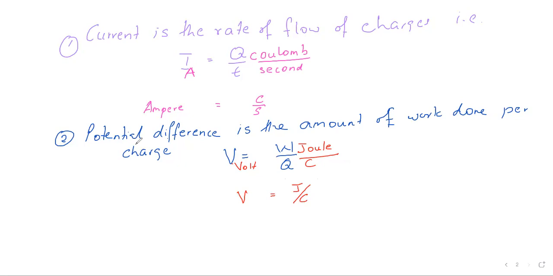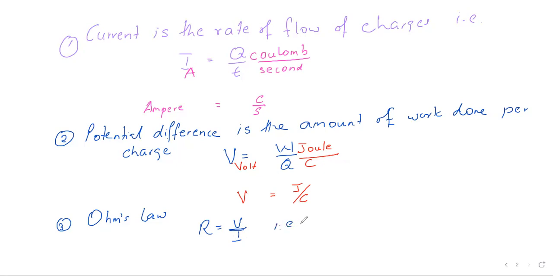We have the third one, which is Ohm's law. The resistance of a resistor is equal to the potential difference divided by the current that passes there.